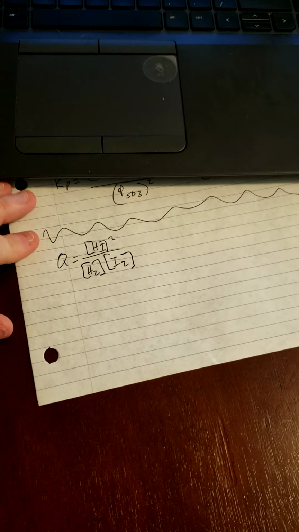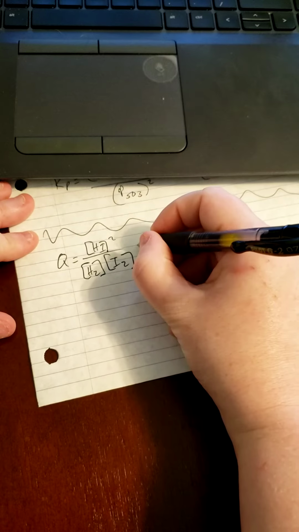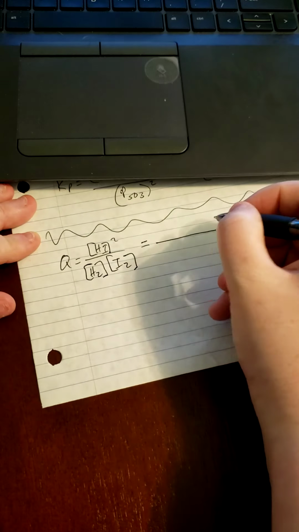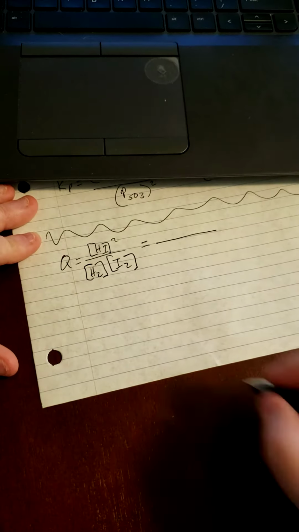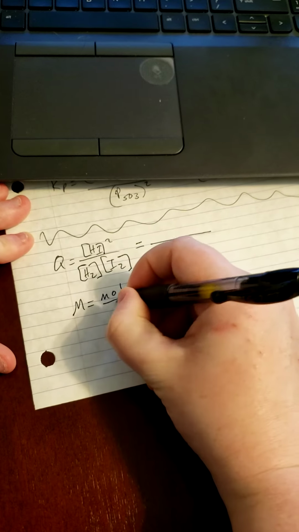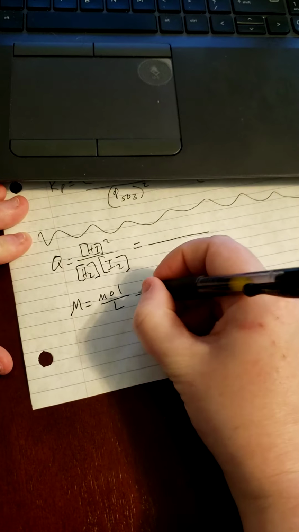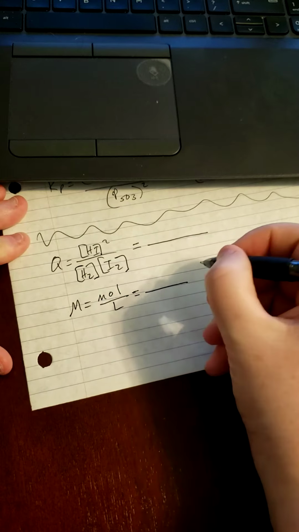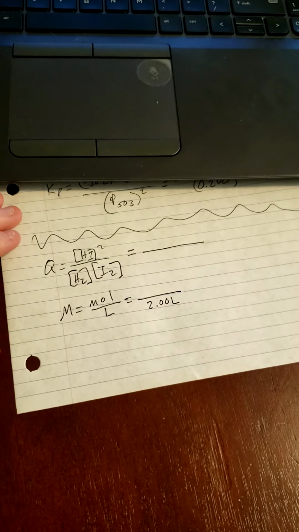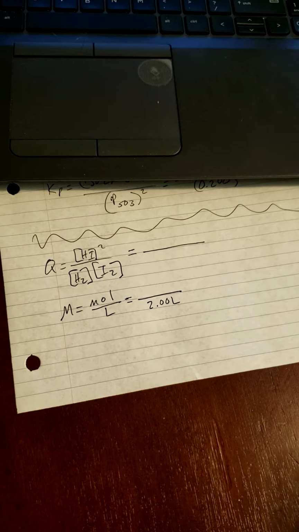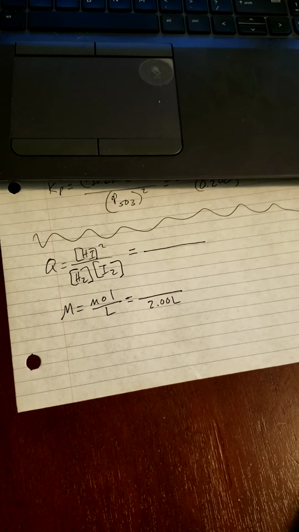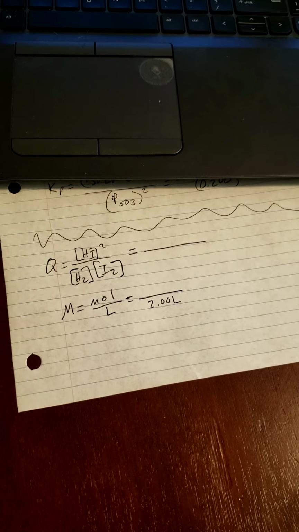Now we can't just directly plug in our values, because they gave us moles and told us we were in a 2-liter vessel. Remember, molarity equals moles divided by liters. If we're dividing everything by 2 liters, then every one of the moles you see, to turn that into molarity, you have to divide by 2.